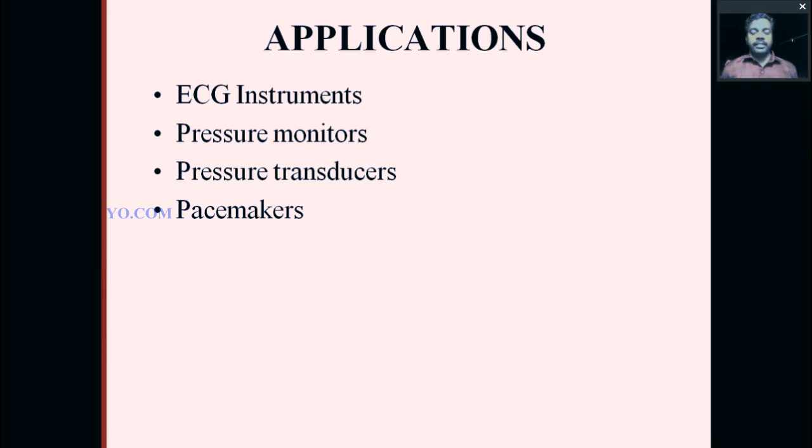Wherever you are using high voltage and low voltage, we use an isolation amplifier. Not only in medical applications, in other applications with high voltage we also use isolation amplifiers to protect the costliest equipment. In digital circuits we use a buffer between the input side and the processor, which is also a form of isolation.